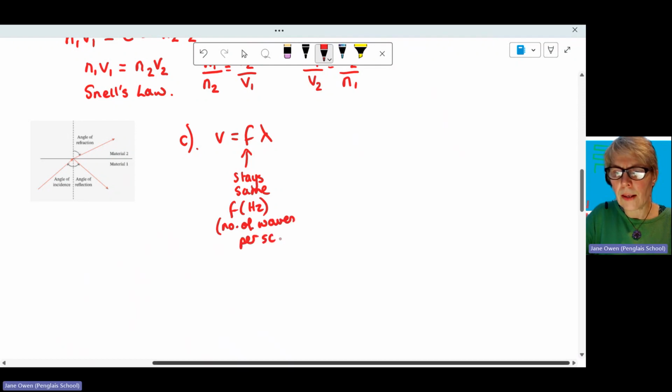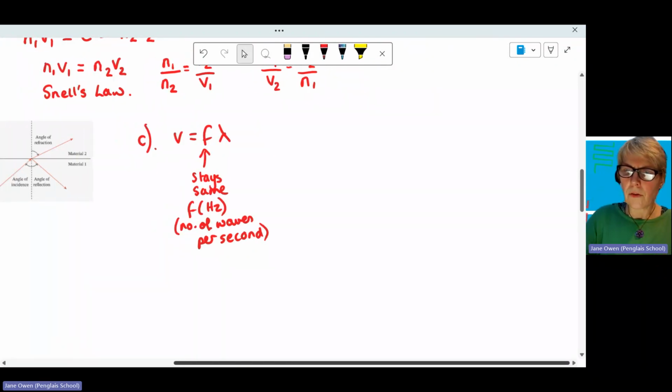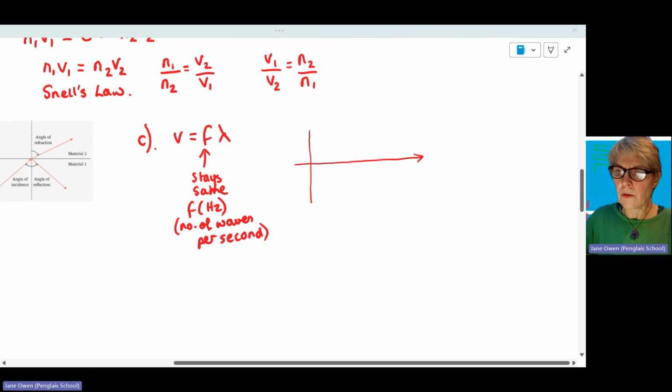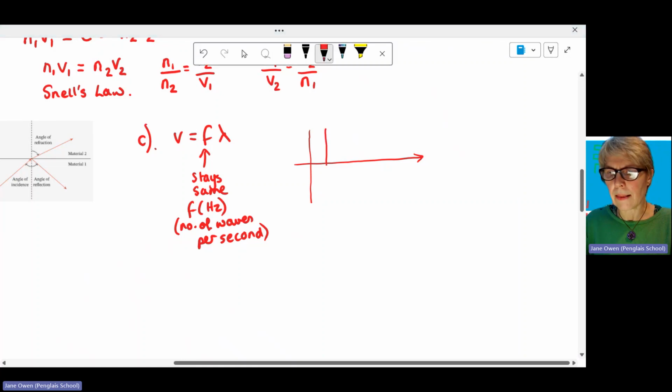But let's take the case of light. Let's say the light is traveling from one medium, and I'll draw the wave direction in, but I'm interested more in terms of the wavelengths.